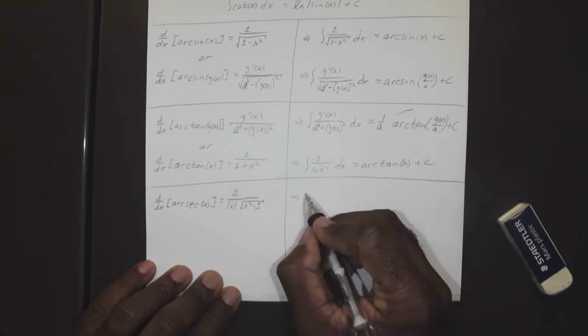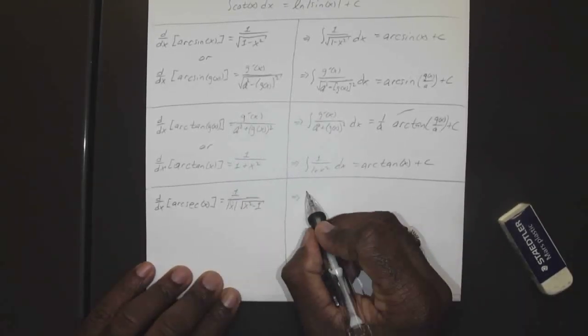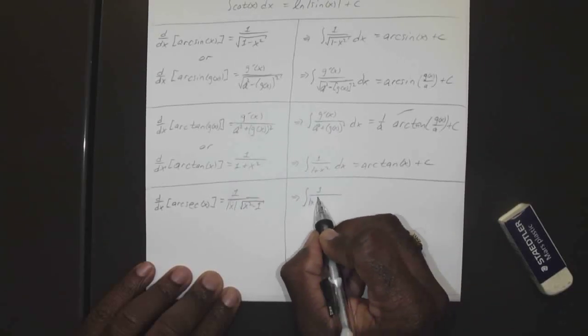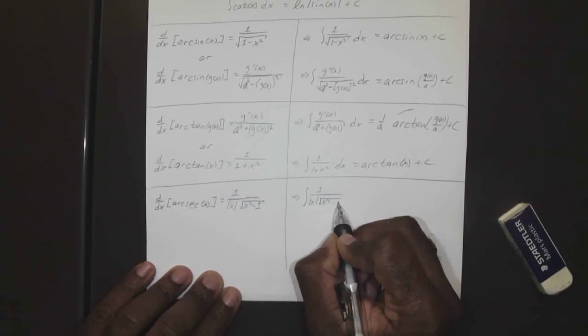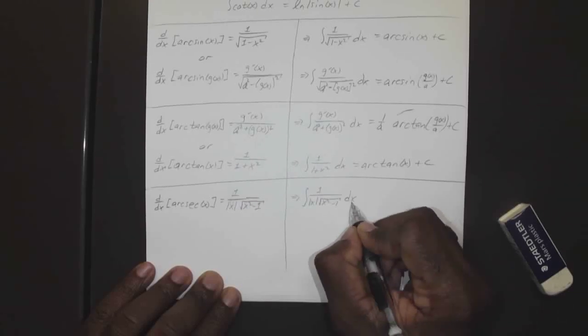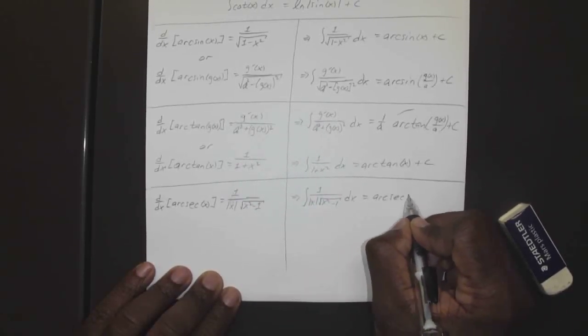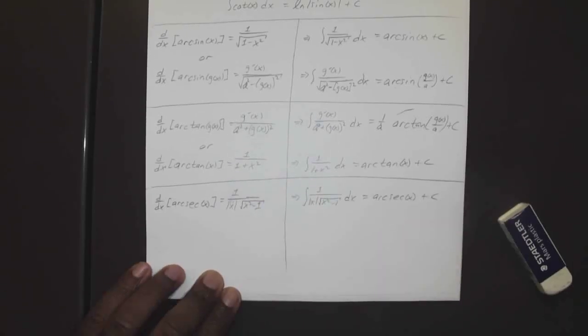Okay, so that means we integrate both sides. You have the integral of 1 over the absolute value of x times the square root of x squared minus 1 dx is equal to arc secant of x plus c.